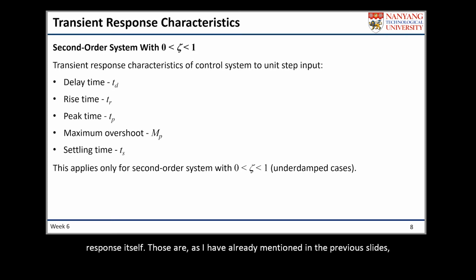Those are, as I have already mentioned, delay time, rise time, peak time, maximum overshoot, and settling time. But again, I need to underline that what we are going to discuss in this topic is only for underdamped second order systems, which means when your zeta is between 0 and 1 only.